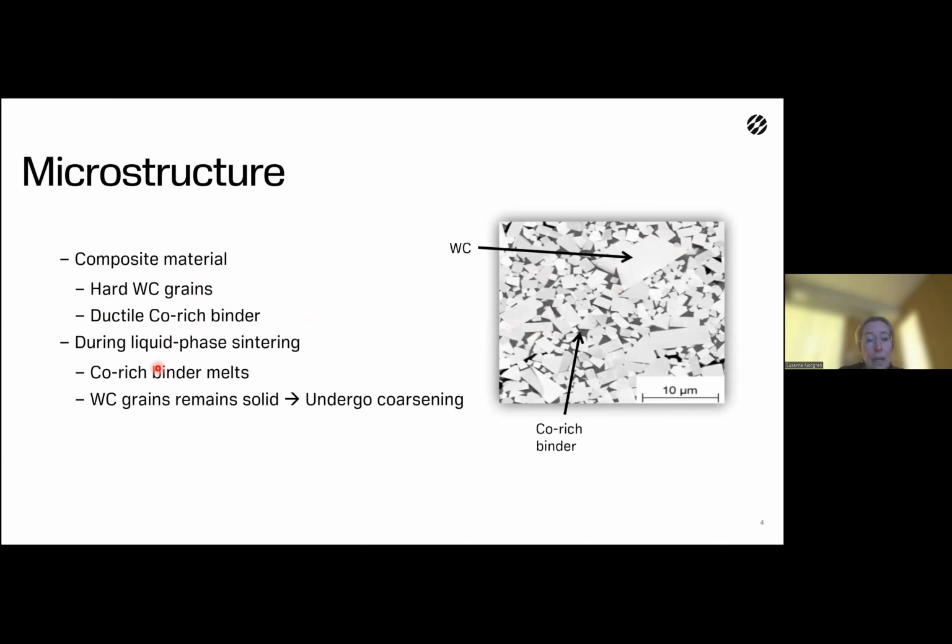During the liquid phase sintering, the cobalt-rich binder melts, while the tungsten carbide grains are still in the solid state. But what happens when the cobalt is melted is that you have a rapid grain growth of the tungsten carbide grains.